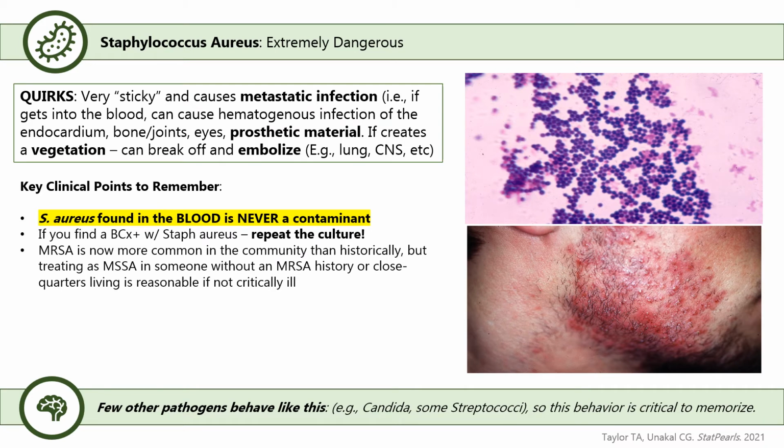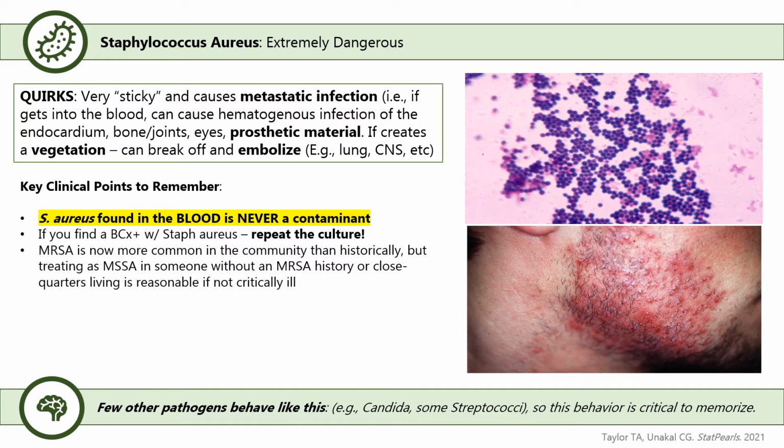Historically, MRSA was isolated to hospitals or close quarters living scenarios. It used to be taught as being unique to things like prison, nursing homes, or certain geographic locations. However, MRSA in the community is much more commonplace in 2021. Some believe that MRSA is more likely to be present if patients have a history of recurrent purulent infections like boils, abscesses, or folliculitis, like you see in this bottom right picture.